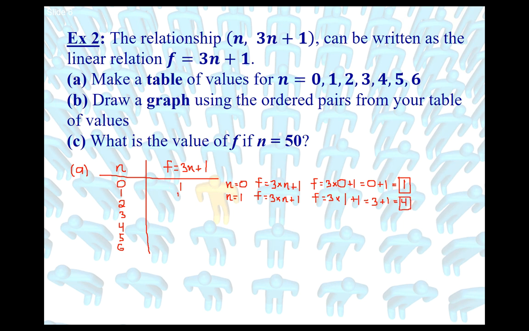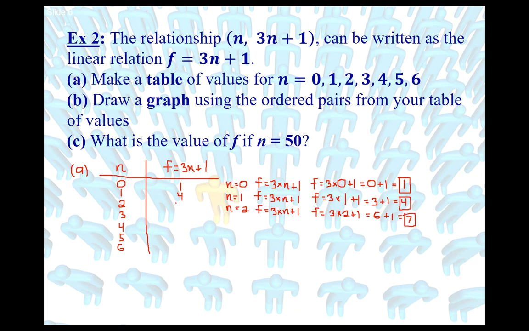So let's put that in the table of values here. And then we'll do one more, and then we'll be able to figure out what the pattern is. So then we have n equals 2, and f would be equal to 3 times n plus 1. So this would be f is equal to 3 times 2 plus 1. 3 times 2 is 6, plus 1 would be equal to 7.